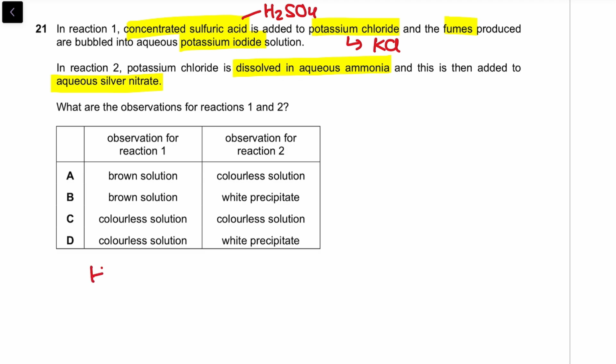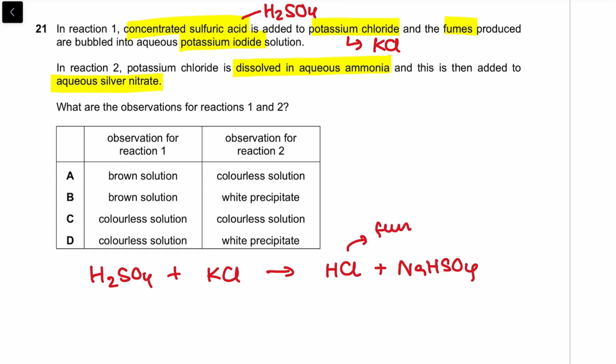The reaction that occurs in reaction 1 is H2SO4 reacts with KCl to produce HCl plus NaHSO4. HCl is a gas and it produces white fumes, the one we're referring to here. It says they are then bubbled into potassium iodide solution.